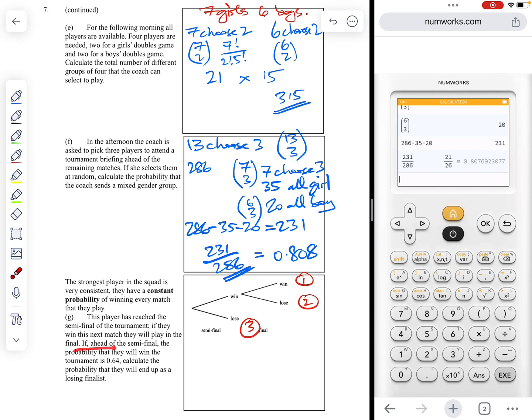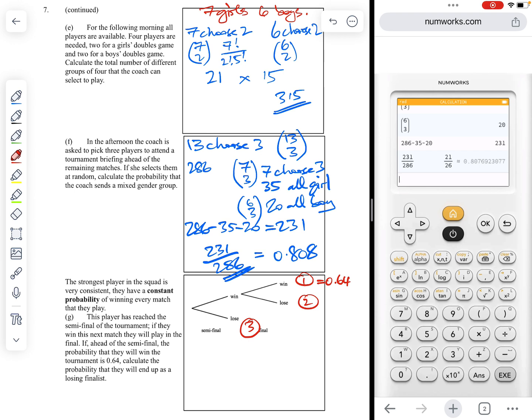Final part of the question. If ahead of the semi-final, the probability that they will win the tournament is 0.64, calculate the probability they will end up as a losing finalist. So we're being told that this answer is 0.64. Pathway 1 is the only way to win the final.